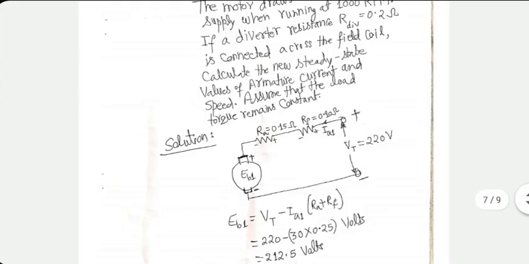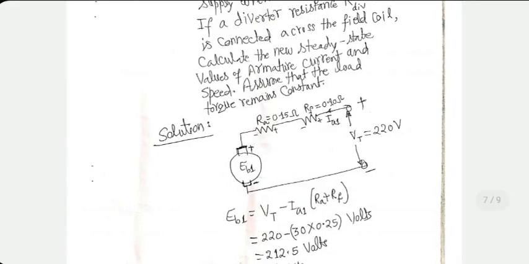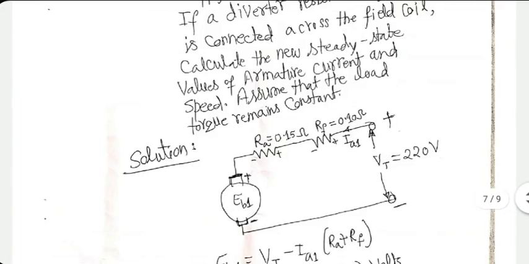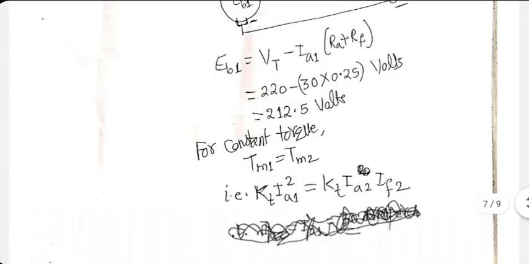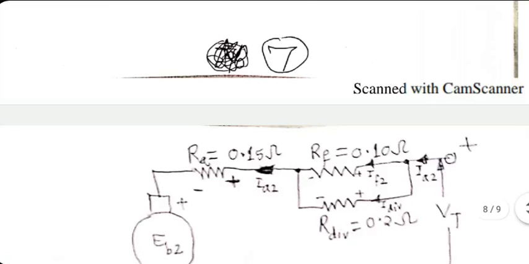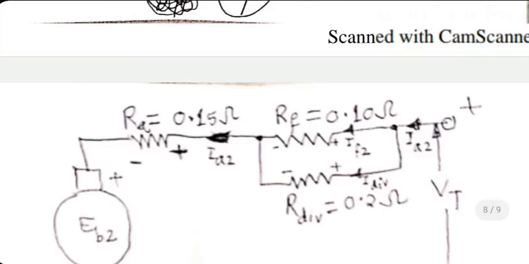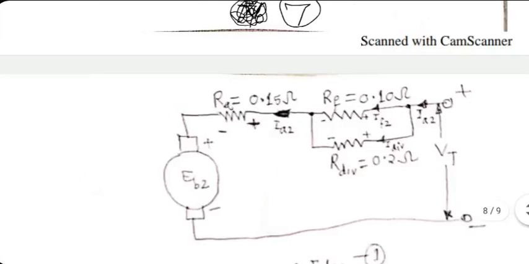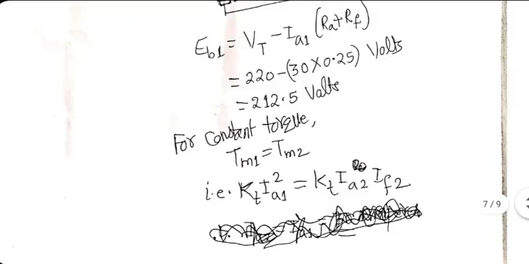We don't have time left to go through calculations, but take the concept at least. In case A, I have RF and RA in series. In case B, in parallel with RF, we connect an external resistance which helps in controlling the performance of the motor. In both cases, I have done the calculations.